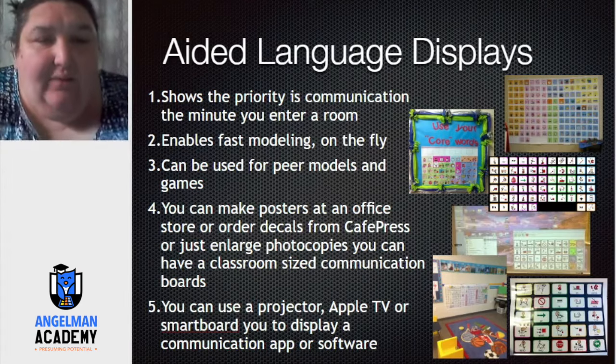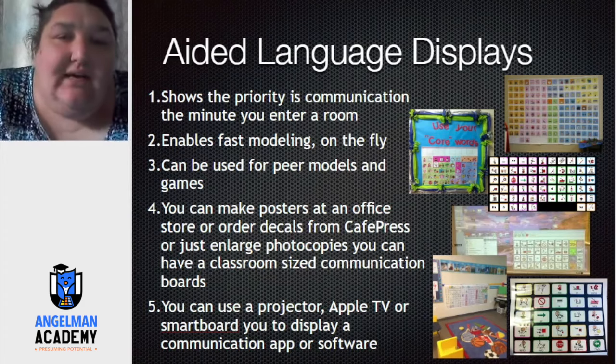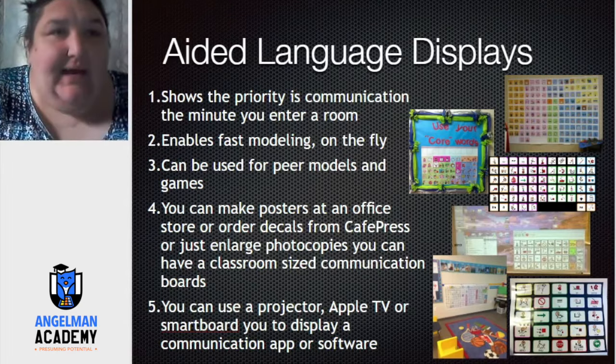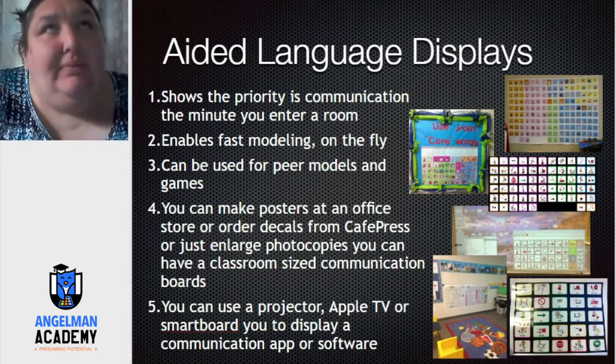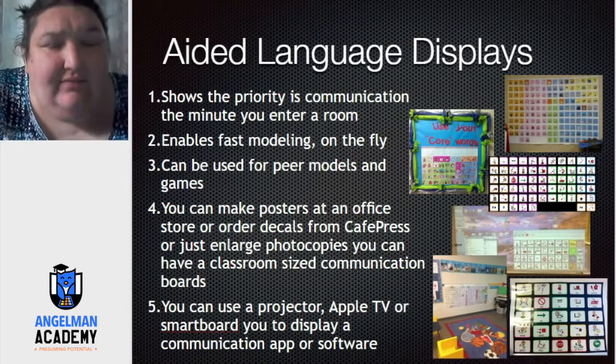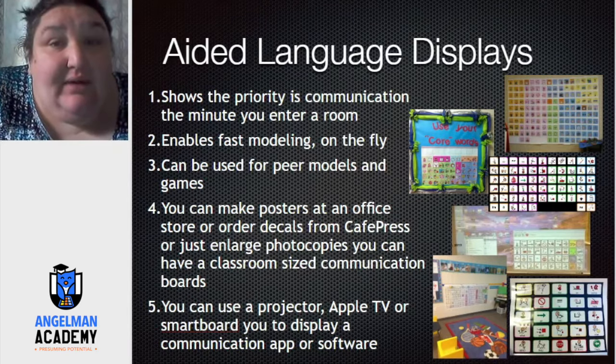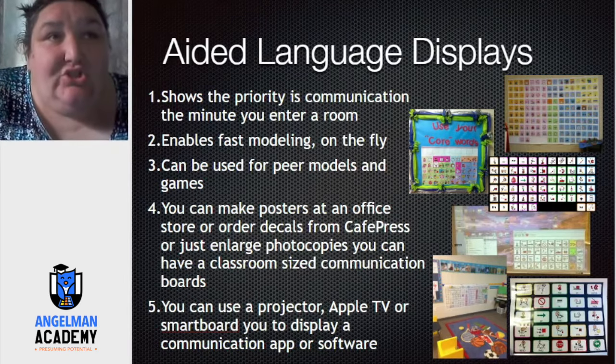So how do you get one of these? Well, you can make poster-size printouts of pretty much anything at places like Staples or Office Max or Office Depot or FedEx Express. They have stores, or you can order them online. And Cafe Press is one place that I like to use because they have giant static cling printouts.